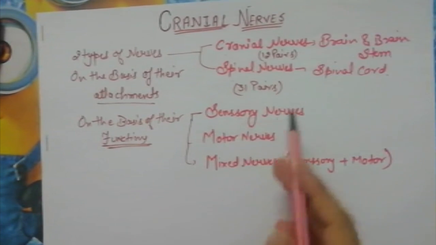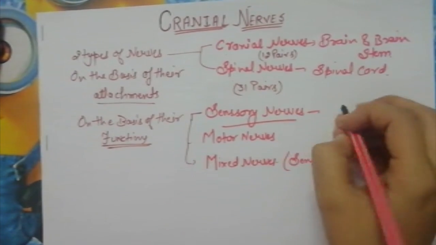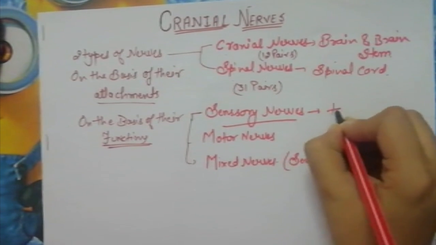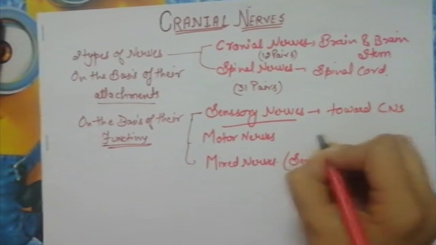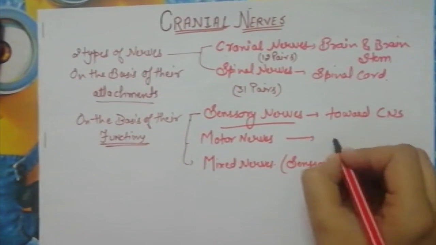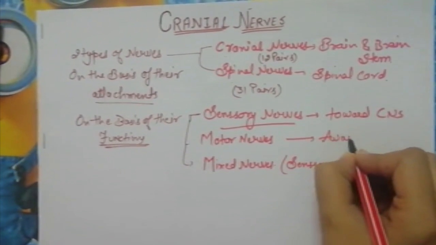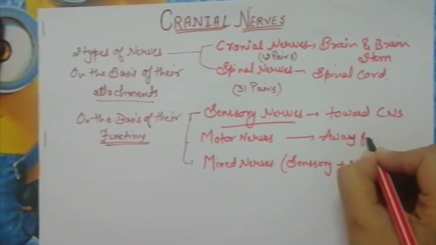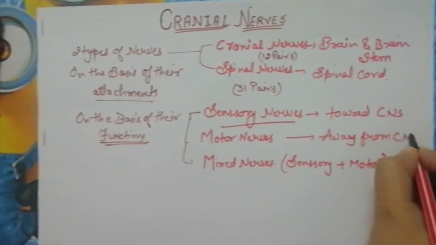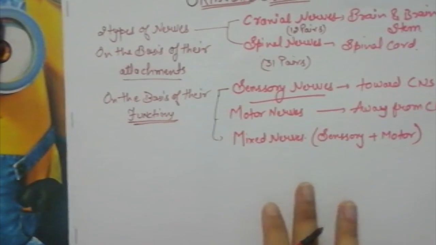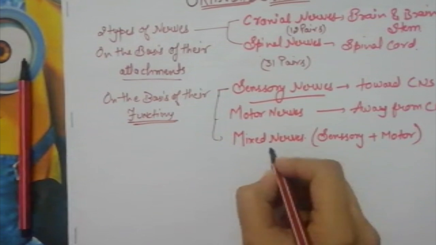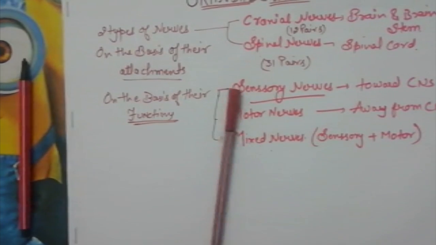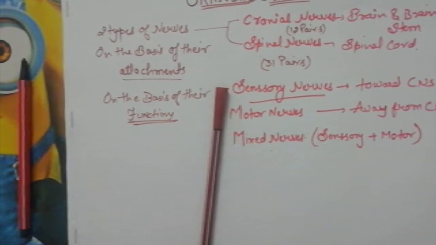Sensory nerves carry information toward the CNS, and motor nerves carry it away from the CNS. The main example of mixed nerves is the spinal nerves.